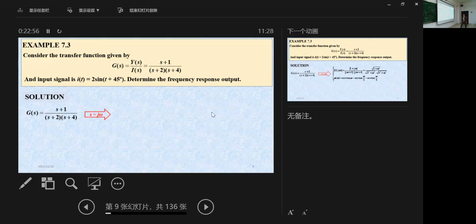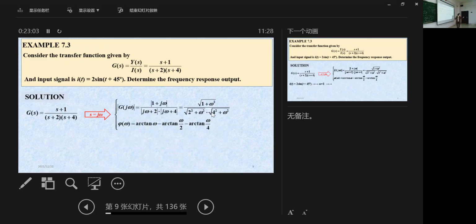First, substitute j omega. We have this. According to the rules, we have the amplitude of G(j omega), and phi for G(j omega) is arctangent omega minus arctangent omega over 2 minus arctangent omega over 4. This is for the transfer function of the system, not for the output.